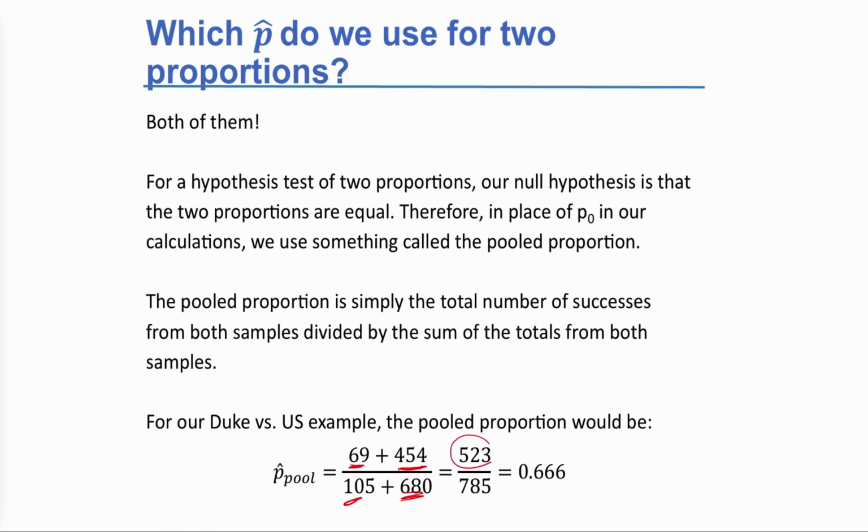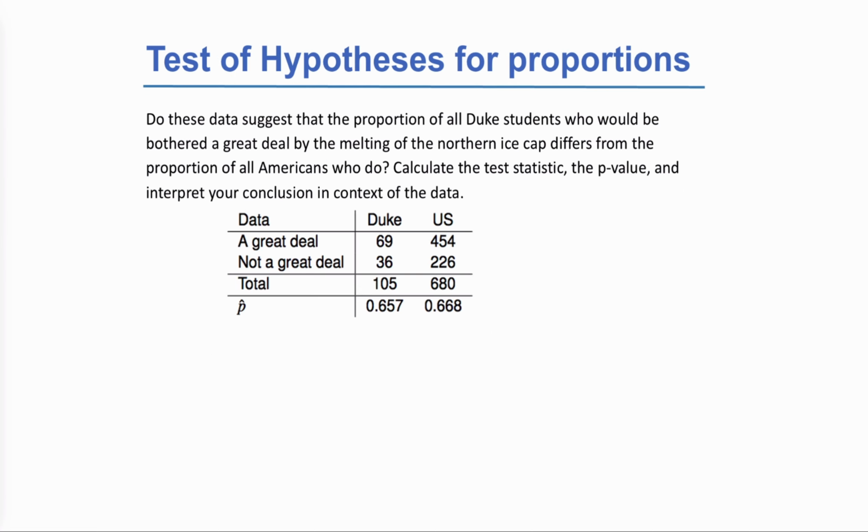So our total was 523 people who said they would be bothered out of 785 total people sampled. So it's all the people who said yes out of all of the people who were sampled across both samples. And that ends up being a proportion of 0.666. So pooled proportion is just the total who said yes out of the total of all the people. So not really that hard.